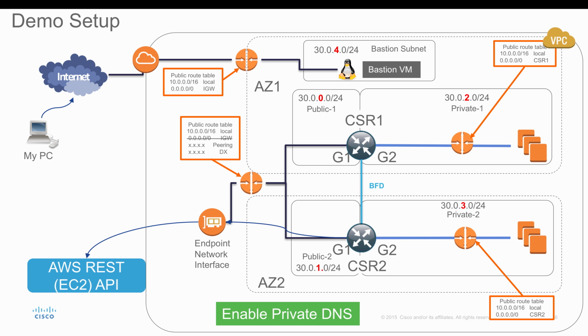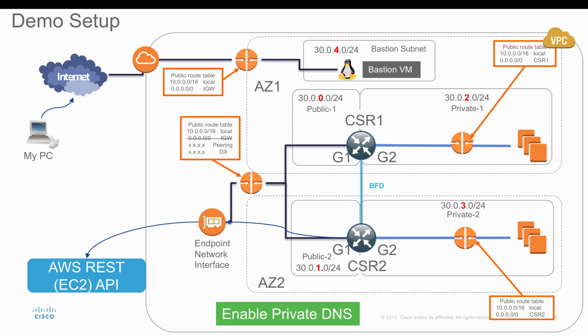The route table has a default route pointing to the internet gateway. And because all the VMs within the same VPC will be routed by the AWS infrastructure, my jump VM will be able to access CSR1 and CSR2, so I can see if CSR1 and CSR2 can make the REST API call in case of failure.